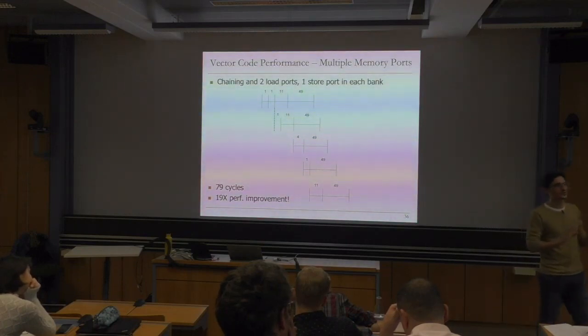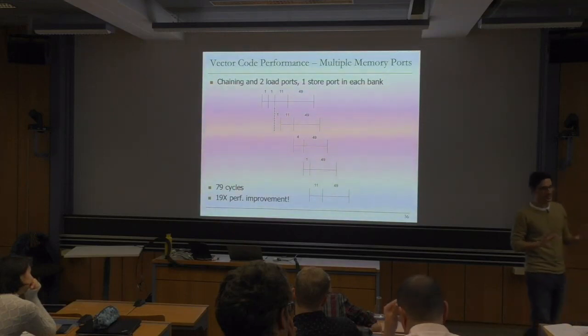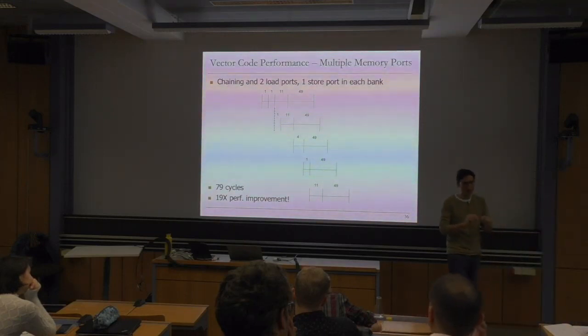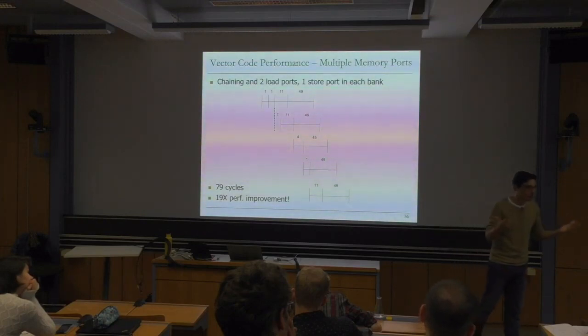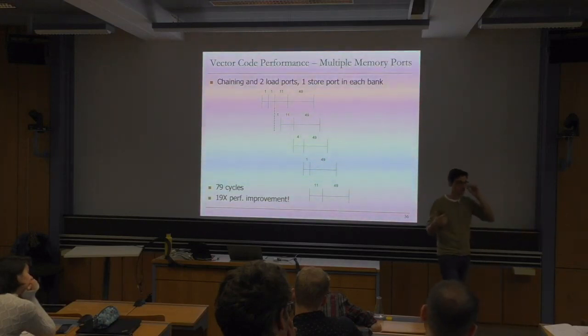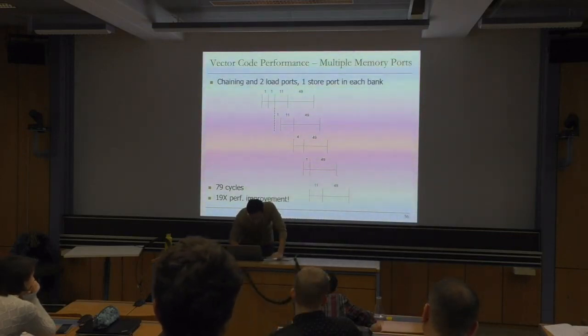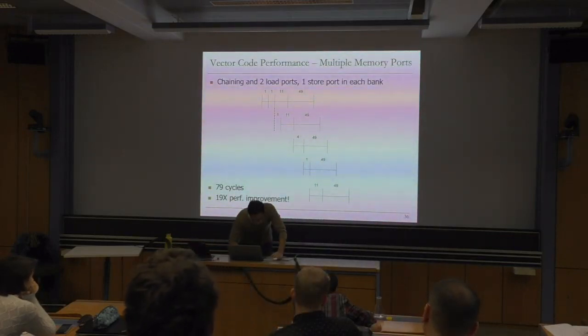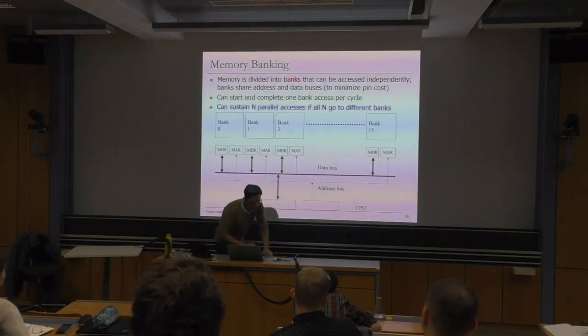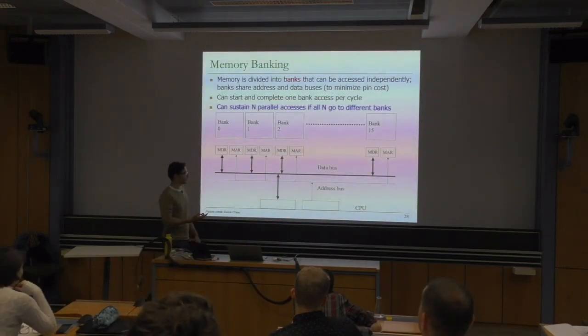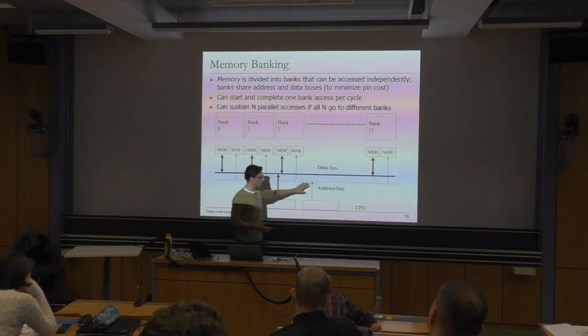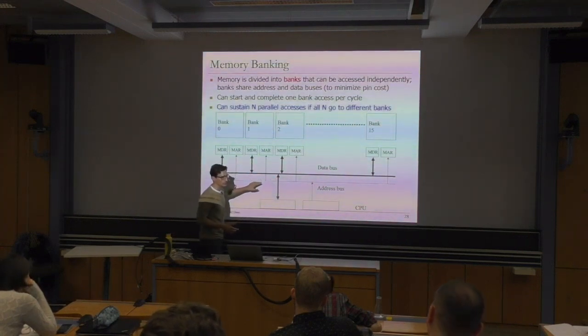Also take into account that this is a simplification, an abstraction of how this really operates, so we don't go into all the details. Let me go back to the slide. It's here, this slide. You can assume that this address bus is shared.